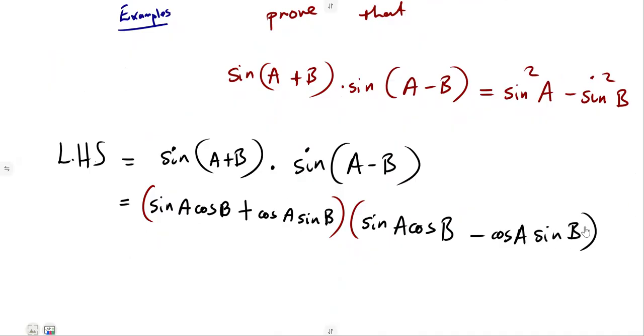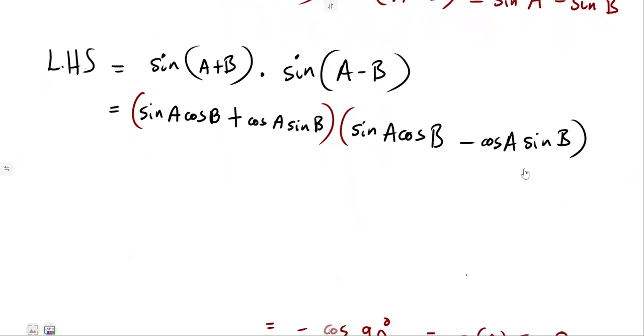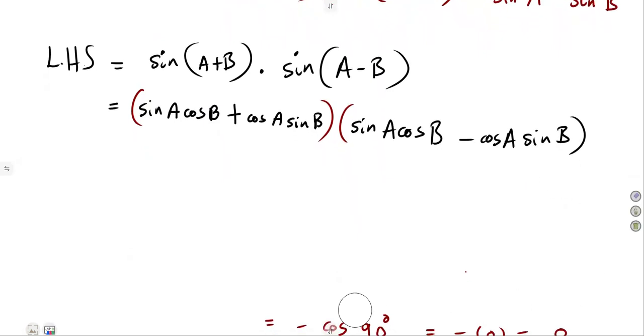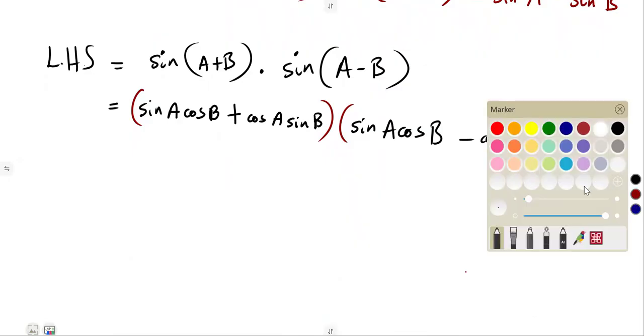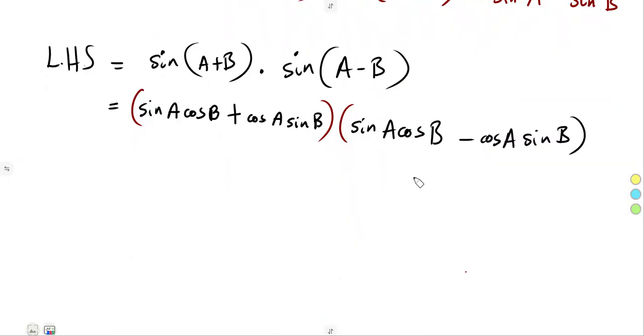Guys, are we realizing something here, that we have a product of two brackets, but in these two brackets, sine A cos B is a single term, just like a single term.